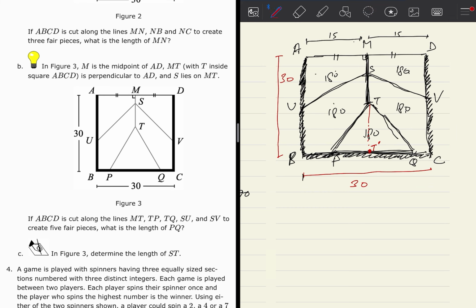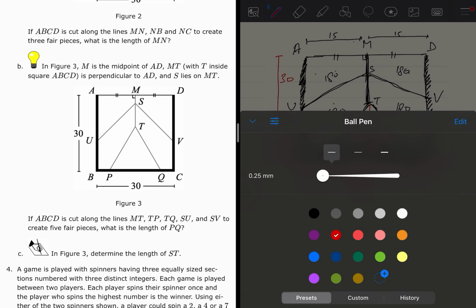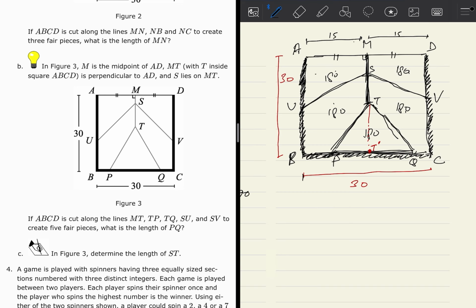Okay, so we know that MT dash is equal to 30, because this is the same thing as AB, and since we know the side is 30, MT dash is also going to be 30.